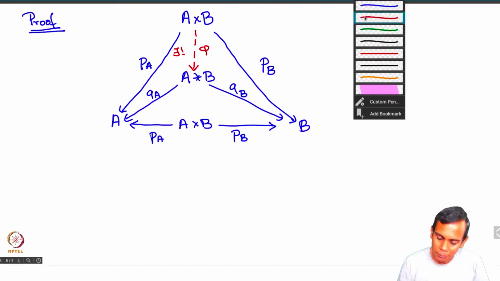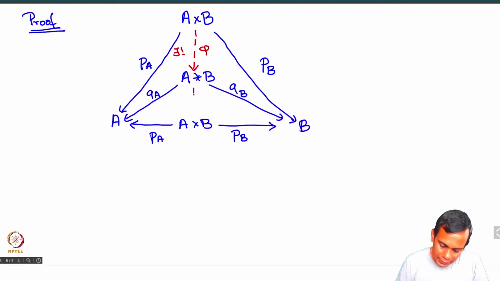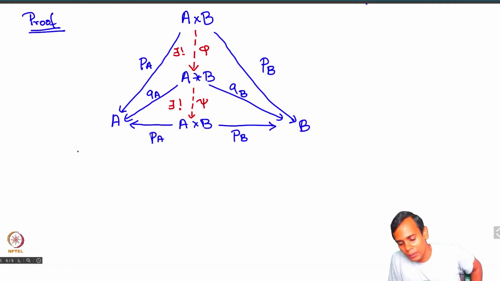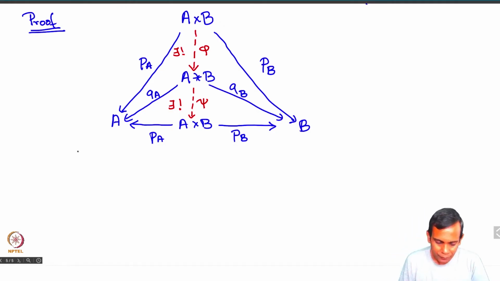So then the universal property of the product says that there exists a unique arrow psi from A star B to A cross B, which makes this diagram commute. So this whole commutative diagram comes about because of A cross B and A star B both being products.